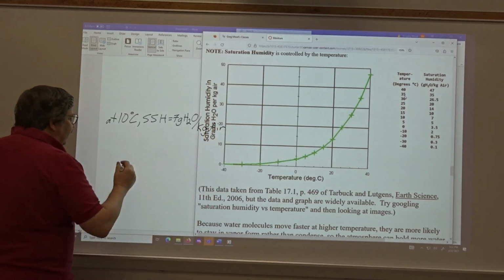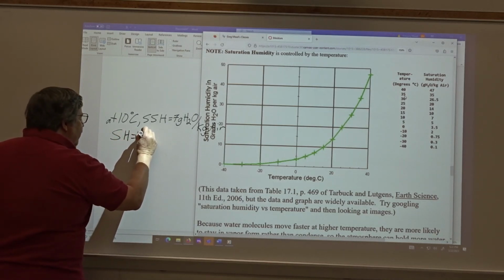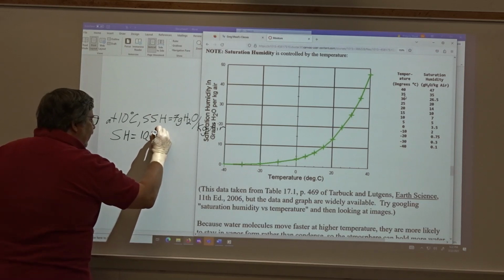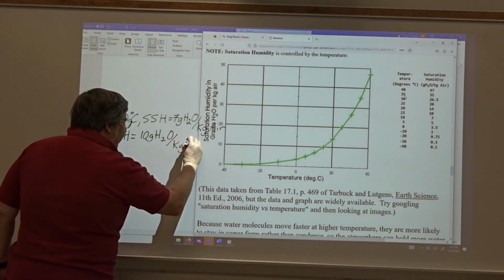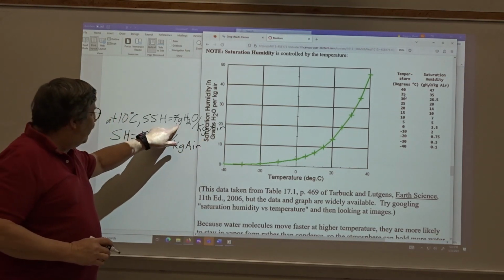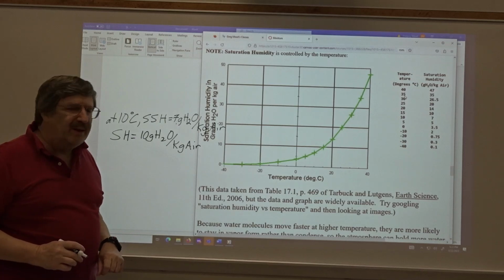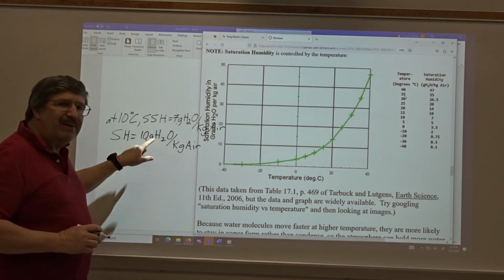But a moment ago, our specific humidity was 10 grams of water per kilogram of air. And of course, if the maximum that you have, which is what the saturation value is, is 7, you can't have 10.